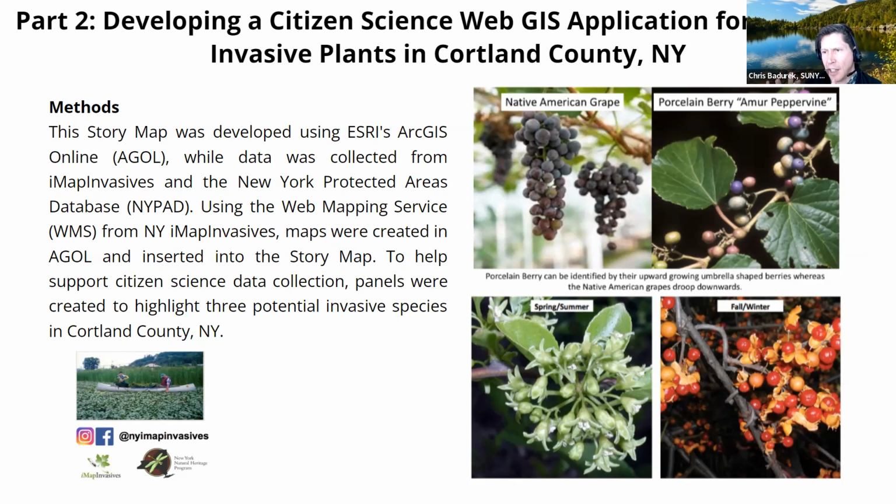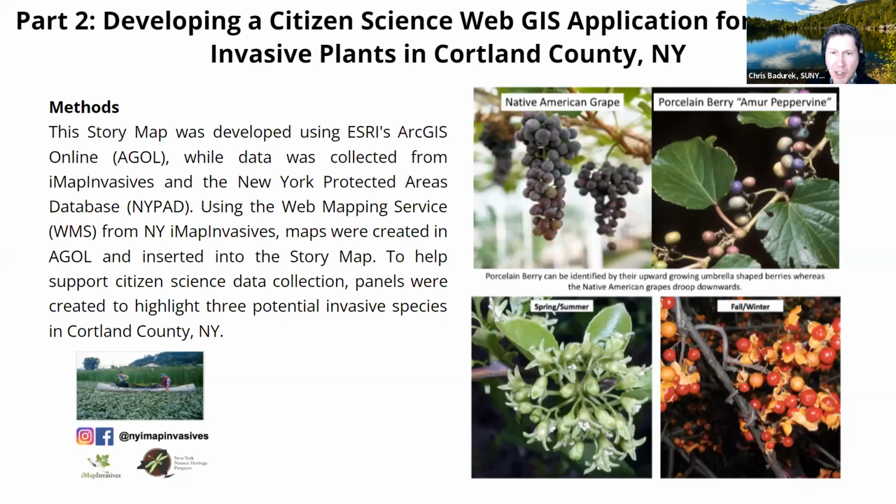So there's a real gap in that data in Cortland County, where our university is. And to fill in this gap, the partnering that we had done with the New York Natural Heritage Program was to identify some of the plants that we would like to see, and how we can better inform people to identify them effectively.